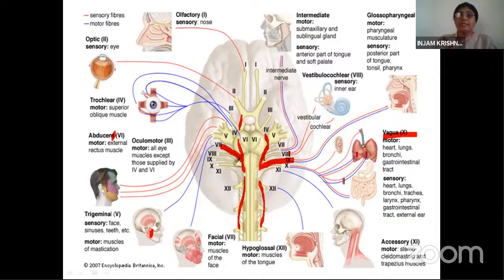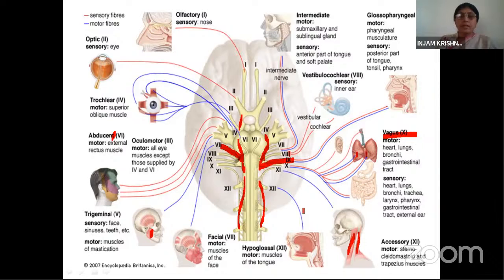Okay. Next, the 11th one is accessory, motor. Motor nerve, the name itself is motor nerve. It arises from the medulla oblongata and reaches, what are those? Neck muscles, and then shoulder, and then pharynx also. It is the motor one. 12th, last one, 12th pair.